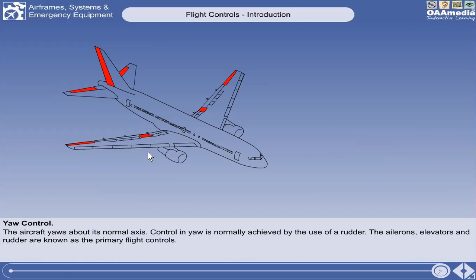For elevators and ailerons combined, it can provide rolling and pitching. So it depends. But it is still considered a primary flight control. Although all aircraft have these, there are some aircraft wherein the control surface itself is a combination of the two.